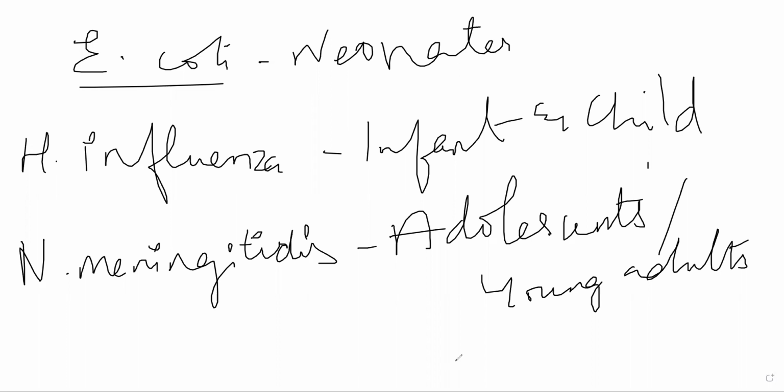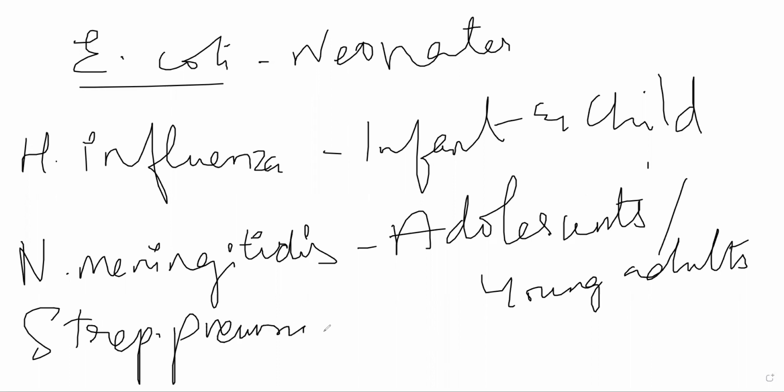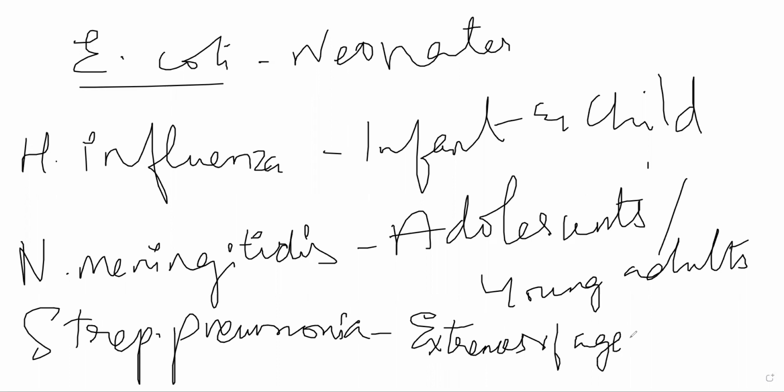And if it is occurring in extremes of age, so both young and old, especially following trauma, an accident, any injury, trauma to the meninges, that will generally be caused by Streptococcus pneumoniae.